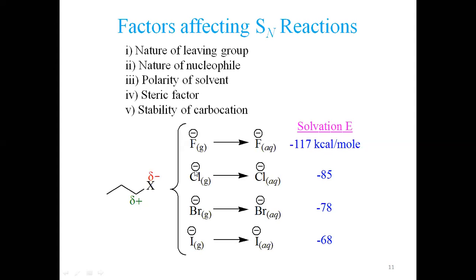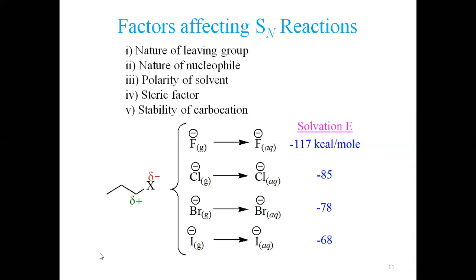If it is chloride ion, minus 85. If it is bromide, minus 78. If it is iodide, minus 68 kilocalorie energy is released. So if it releases such an amount of energy, the iodide ion is the most stable.